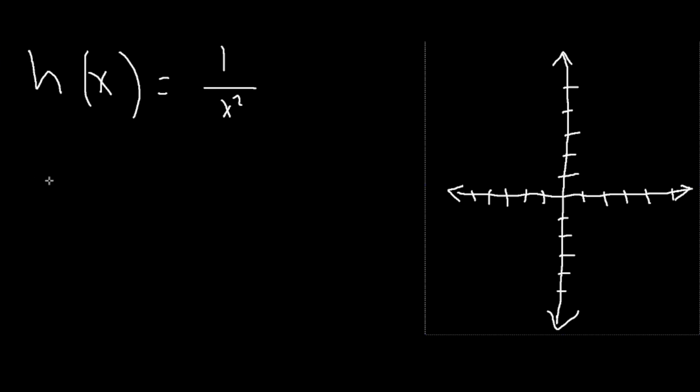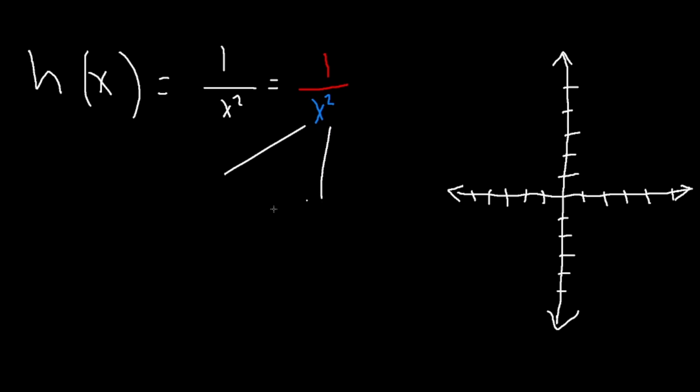All right, so what I'm going to do real quick is I'm just going to rewrite this, but I'm going to color code it. So we're going to have 1 over x squared.